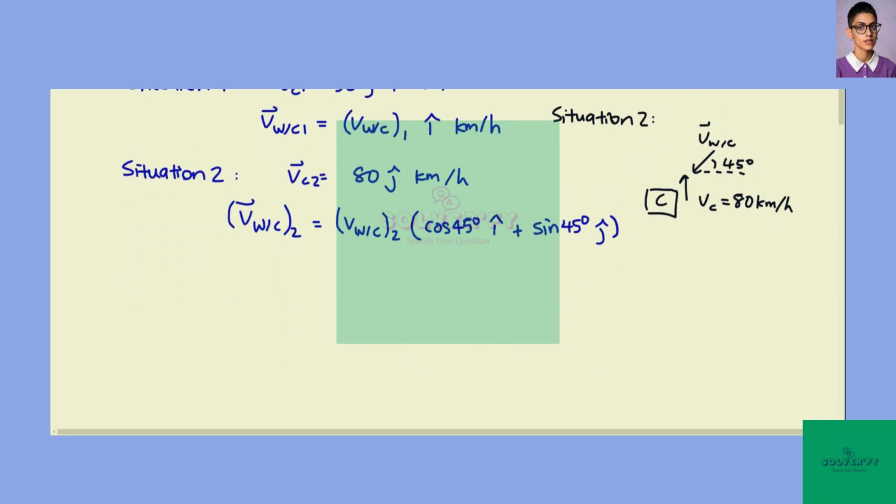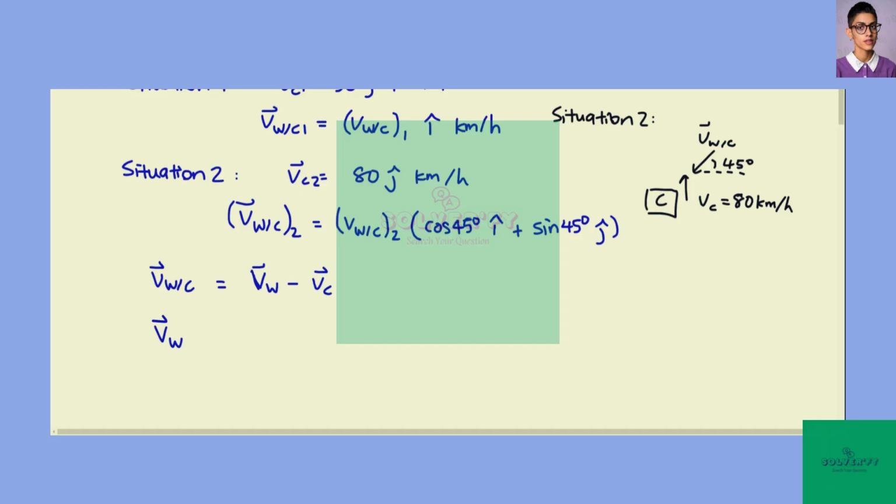So in both cases, velocity of wind relative to car is defined to be velocity of wind minus velocity of car. Velocity of wind in both situations is the same.